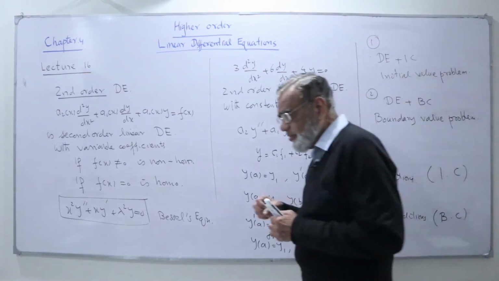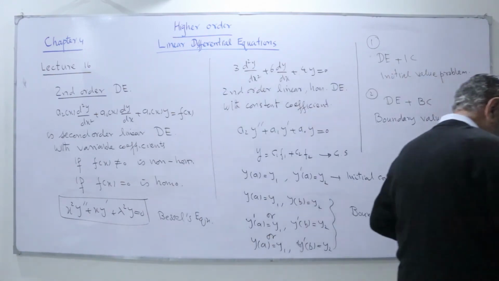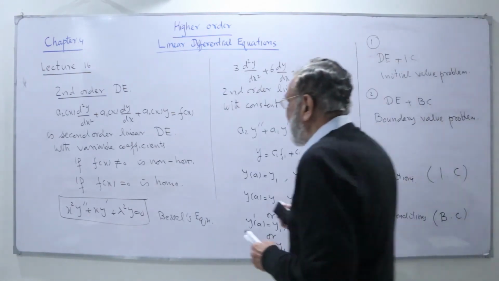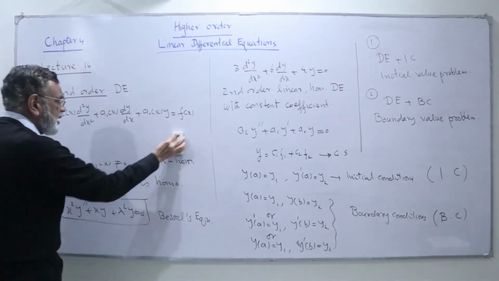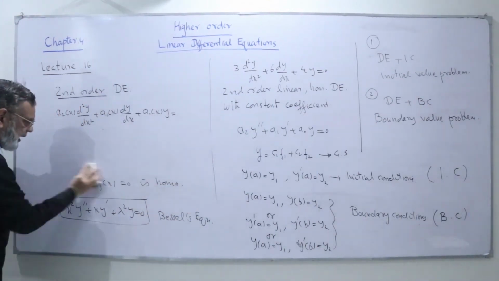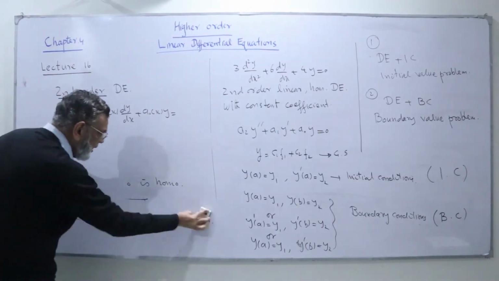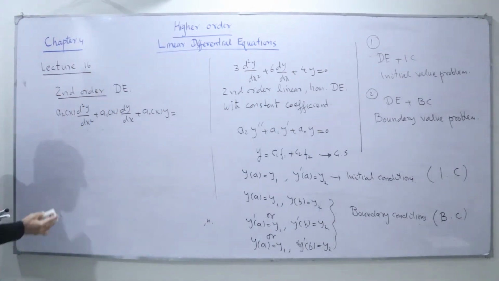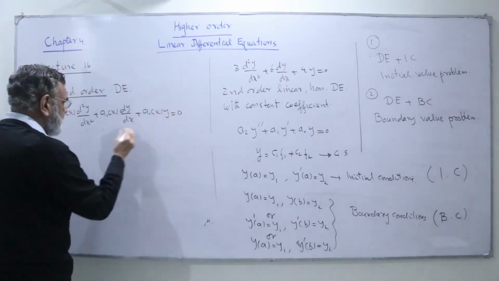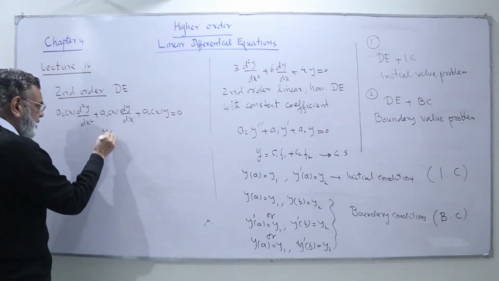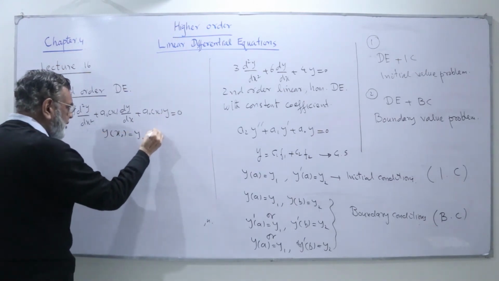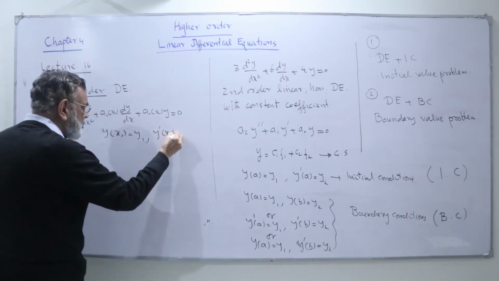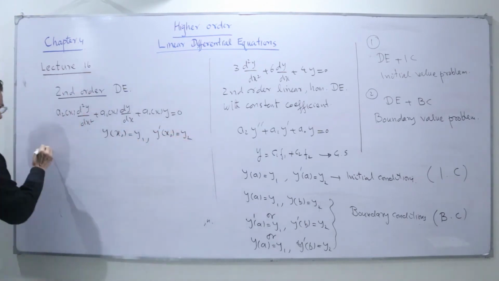There is one theorem that tells us when the solution exists. For example, this is my differential equation. I take a homogeneous one, and I have an initial value problem: a second order differential equation with the initial conditions y at point x0 is equal to y1, and y dash at point x0 is equal to y2.